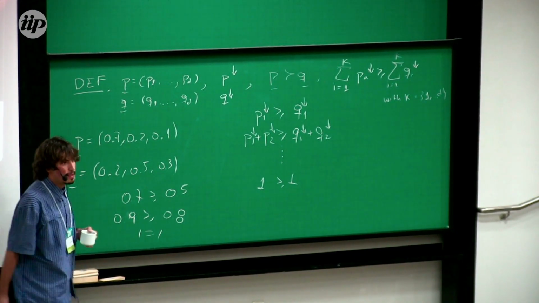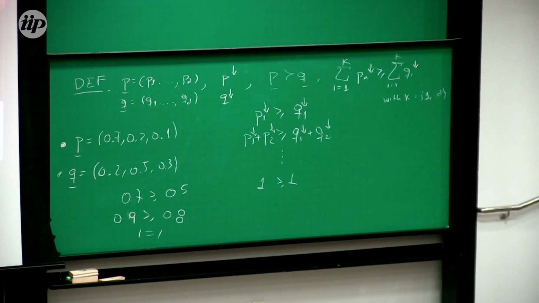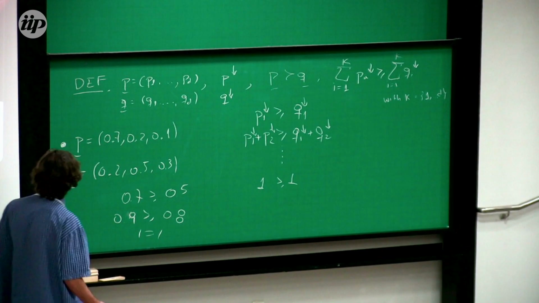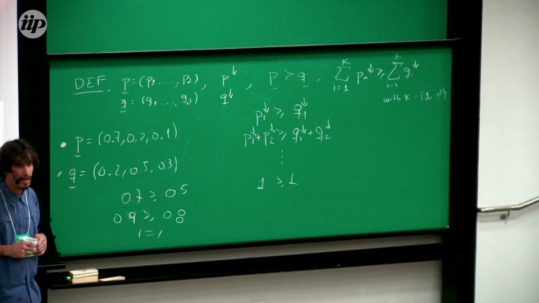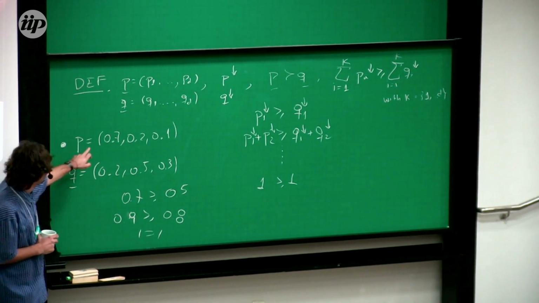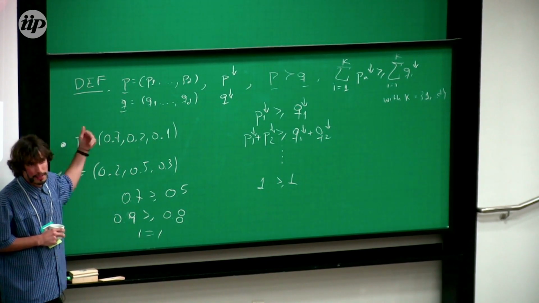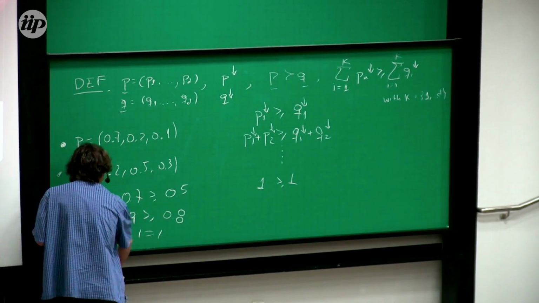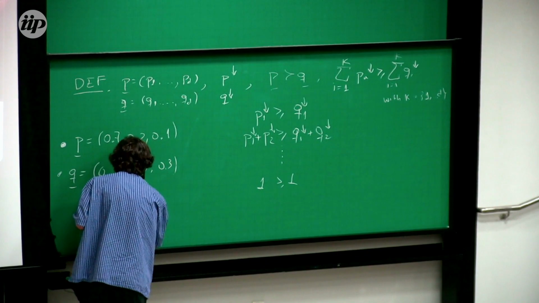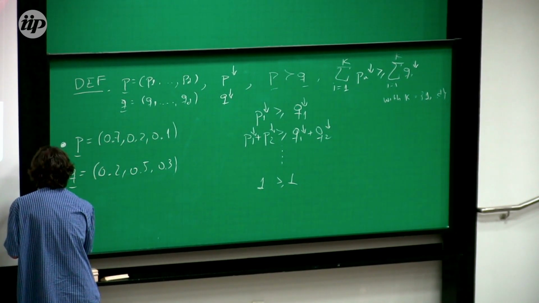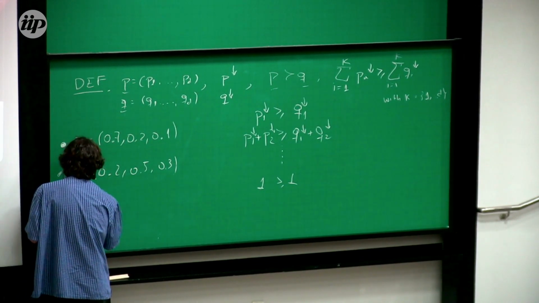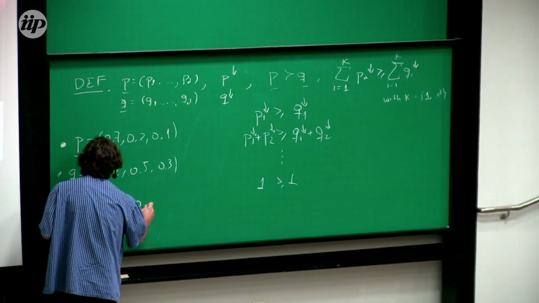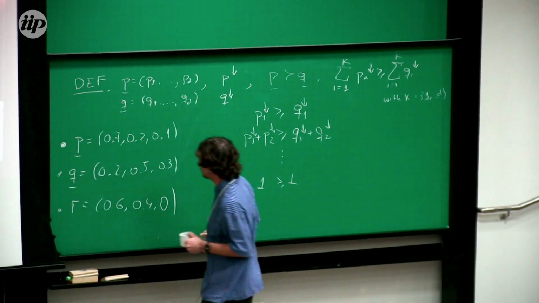But as I said yesterday, this thermodynamic ordering is not total, but partial. So it might exist some vector R that neither majorizes P nor is majorized by it. For example, R could be 0.6, 0.4, and 0.